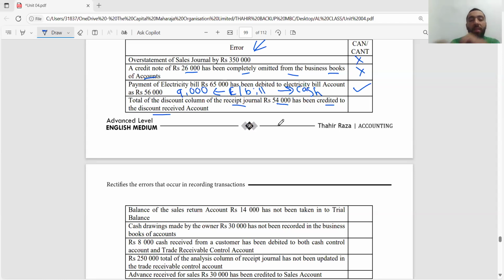First of all, I want to know what is the error here. Can someone tell me on your mic, or if you all want to type, you can take time and type also. What is the error here? Simple.